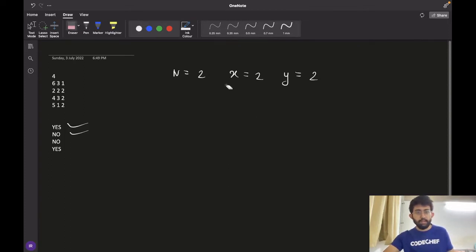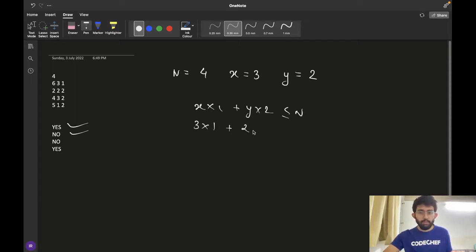Now for the third test case, we have n equal to 4, x equal to 3 and y equal to 2, and for the answer to be yes, this equation should hold true. So on substituting the values, we have 3 into 1 plus 2 into 2 less than or equal to 4. So it is 3 plus 4, 7 less than or equal to 4.